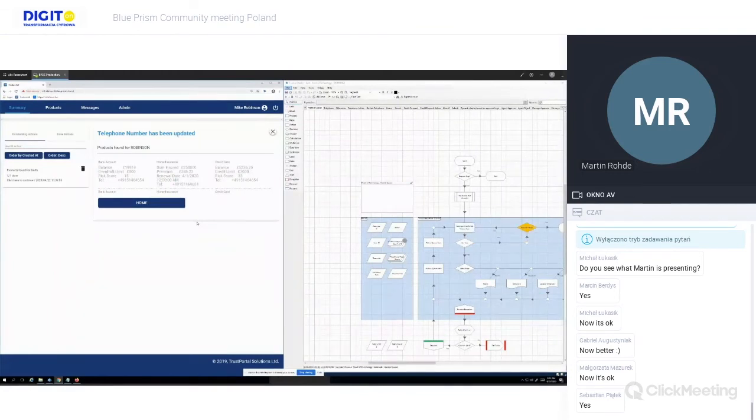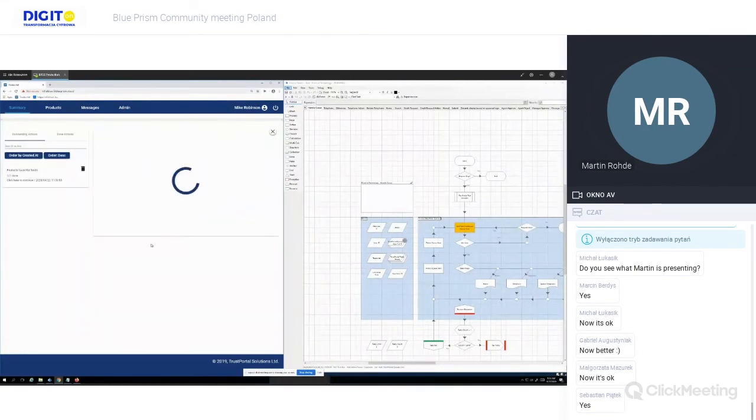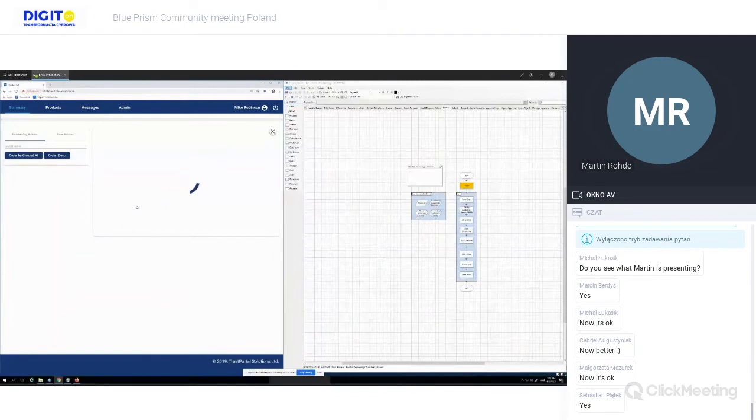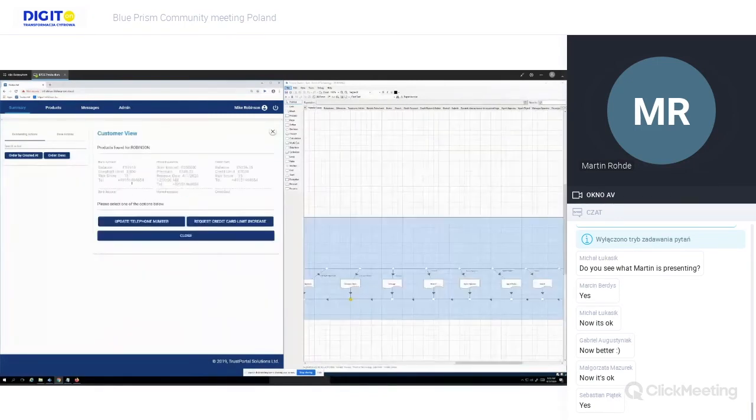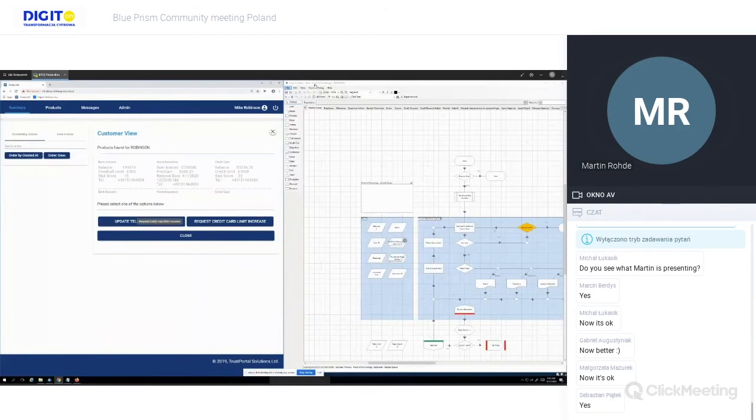In normal cases, the agent must do this three times, and this is what we cut down here. Let me give you another example. Just have a look at the time.